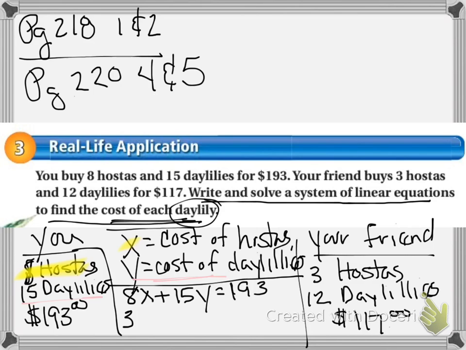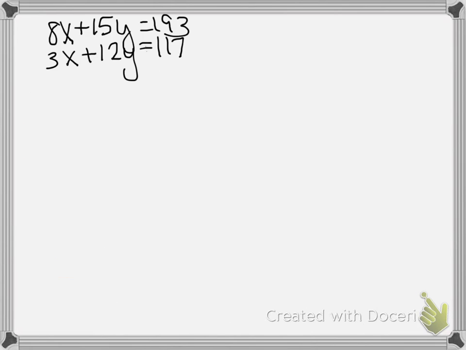We don't know how much per hosta, but if we multiply that by 3, we're going to get the total cost. 12 daylilies, 12y, and that's going to equal a total cost of $717. And so now we have our 2 equations, and we could start to solve the system of equations.